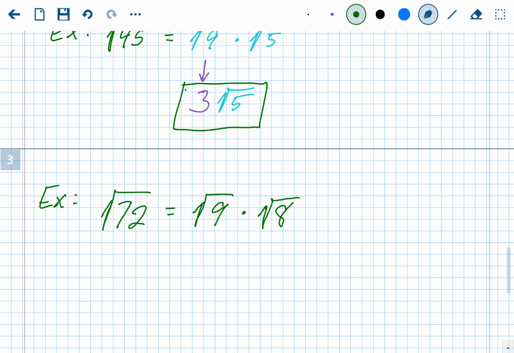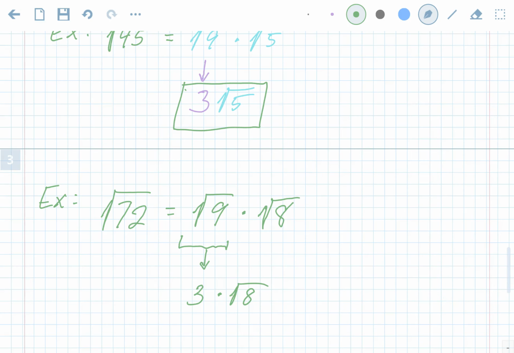So this is good. The square root of 9 is 3. So we could rewrite this, instead of the square root of 9 times the square root of 8, as 3 times the square root of 8. But we're not done yet. The square root of 72 is equal to the square root of 9 times the square root of 8, which is also equal to 3 times the square root of 8.